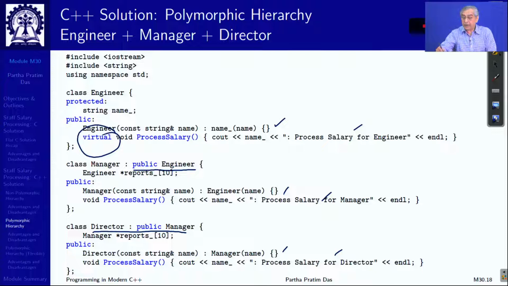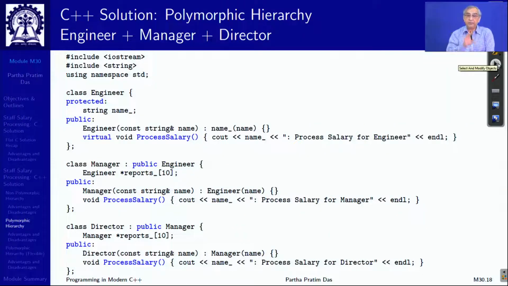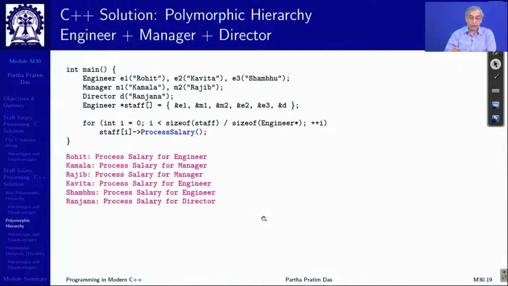So, as such the class part of the design is more or less similar, except for the E-type is erased, and this process salary member function is virtualized.